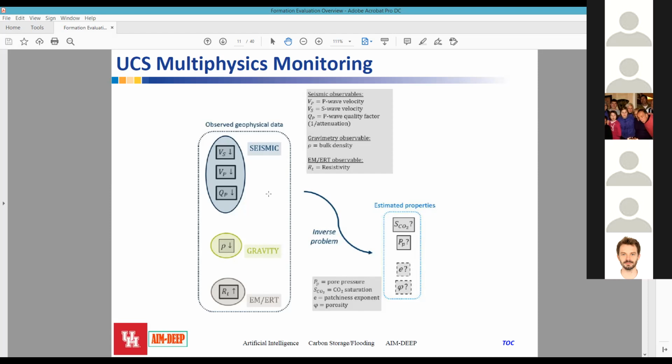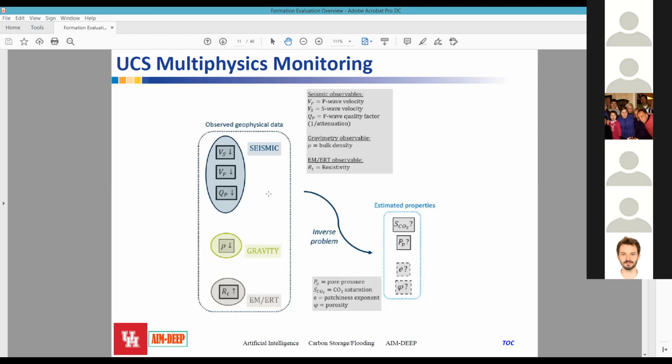As you know, by injecting CO2 into the reservoir to do enhanced oil recovery, or into a saline aquifer, we expect changes in the reservoir properties; rock properties and fluid properties are going to change. And of course, we have a more complicated story to tell after injection.